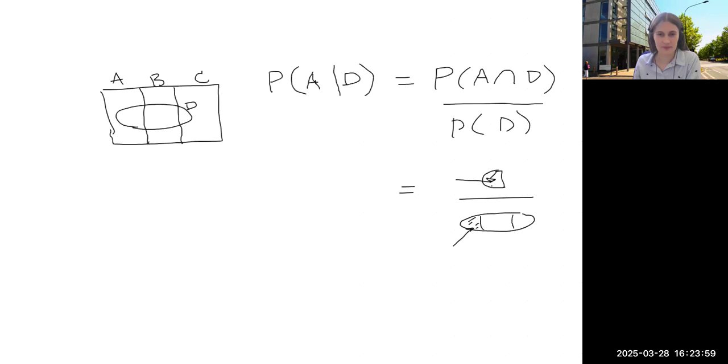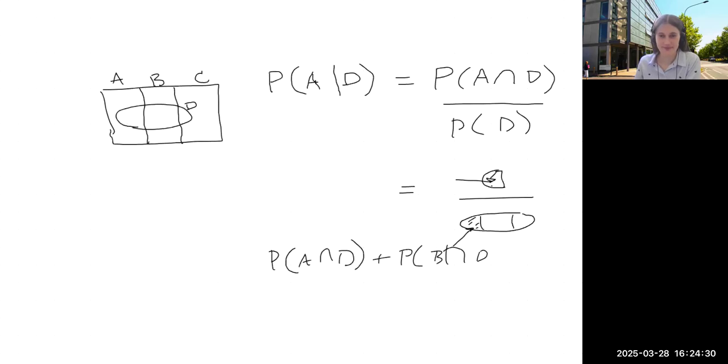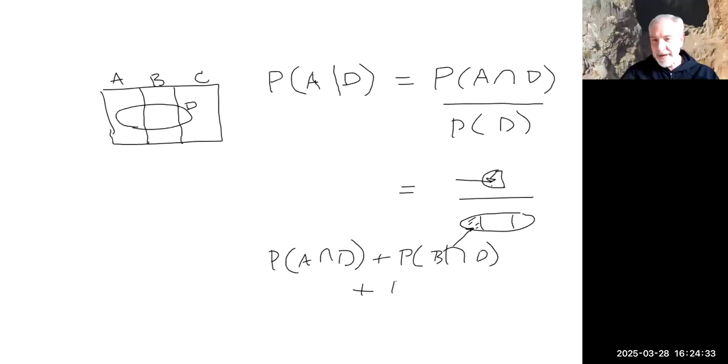But this denominator down here, can't we say that this is just the probability of A intersect D, plus the probability of B intersect D, plus, sorry, my handwriting's terrible, plus the probability of C intersect D?